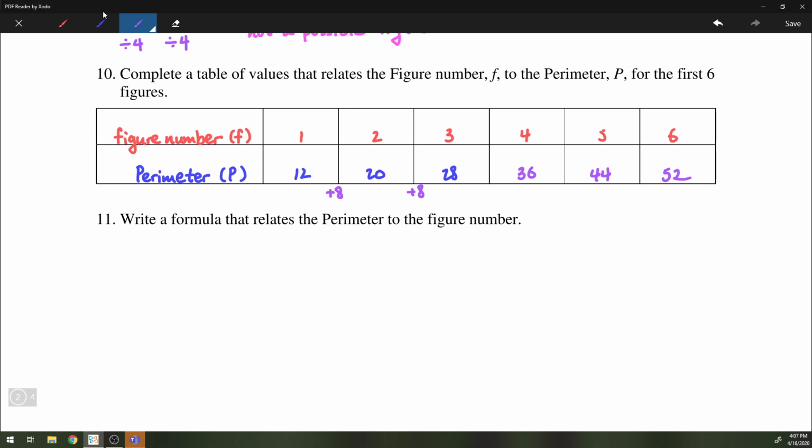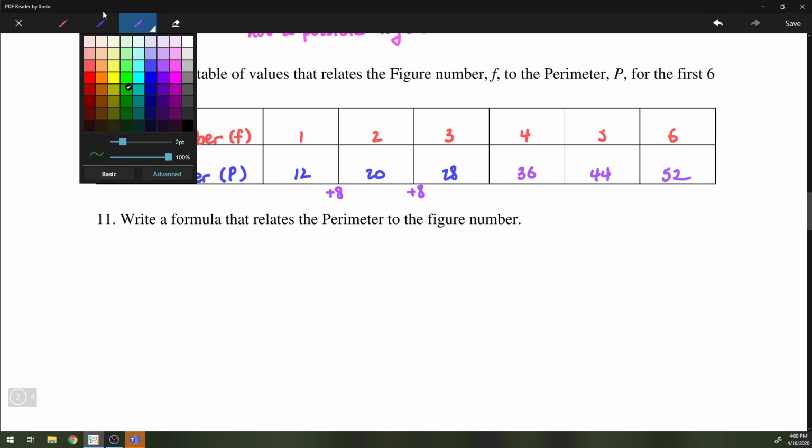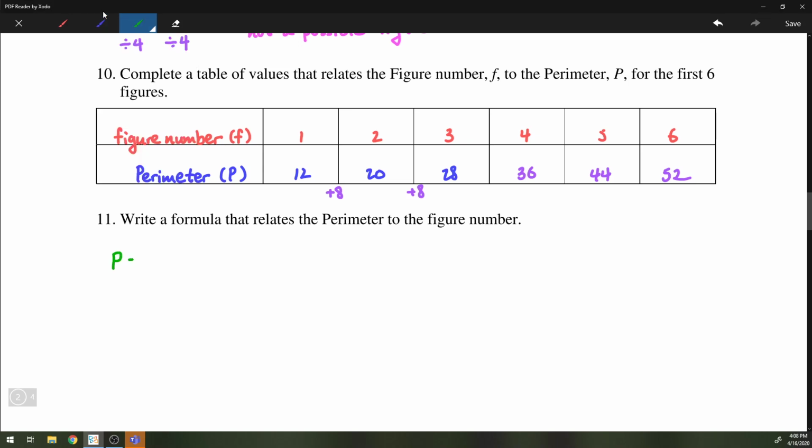All right, so once we have that done, we can also write a formula relating the perimeter to the figure number, just like what we did in the last part with the number of squares and the figure number. So consider we have P equals, the common difference for the perimeter is 8, so we have the multiplier there of 8F.